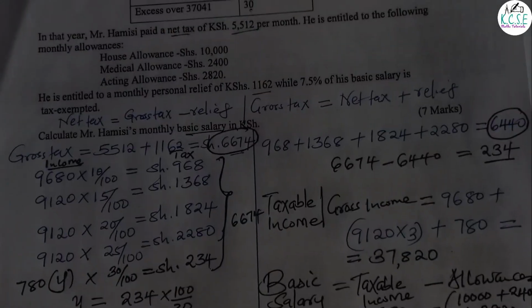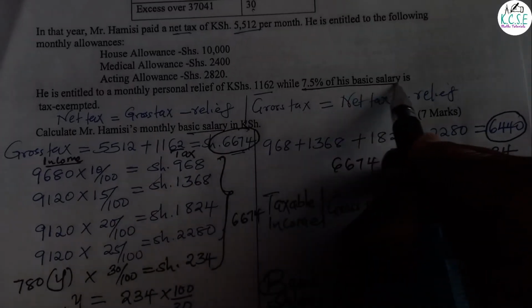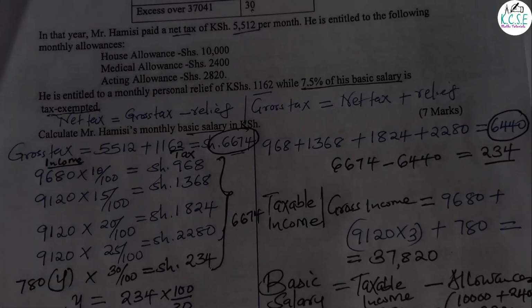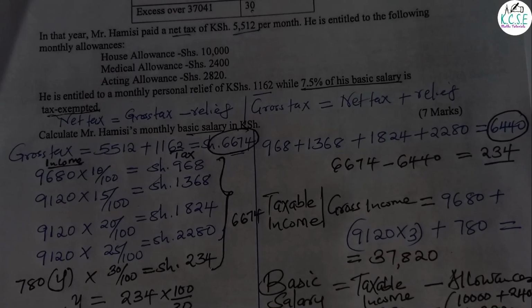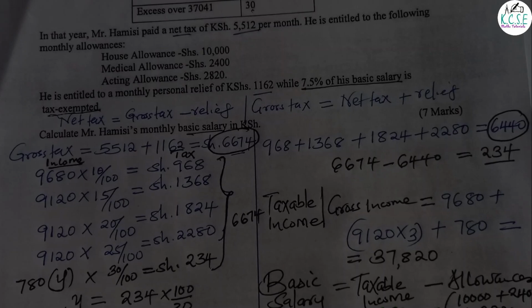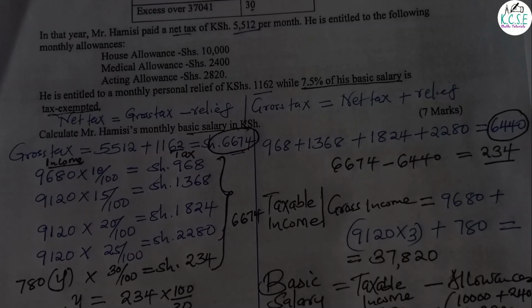There is something in this question: 7.5% of the basic salary was tax exempted. What does it mean to be tax exempted? It was not taxed. So if it was not taxed, then this basic salary that is here represents 92.5%.